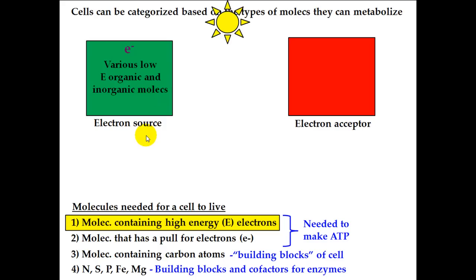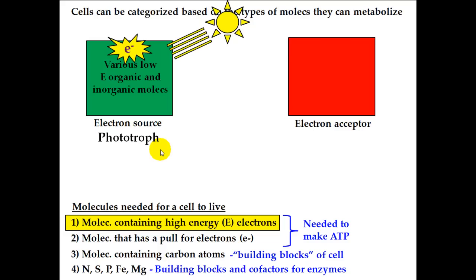These cells can absorb light energy to energize normally low energy molecules to make them have high energy electrons. A cell like this that energizes normally low energy molecules using light energy is called a phototroph. Photo means light, so it makes sense why these would be called phototrophs.